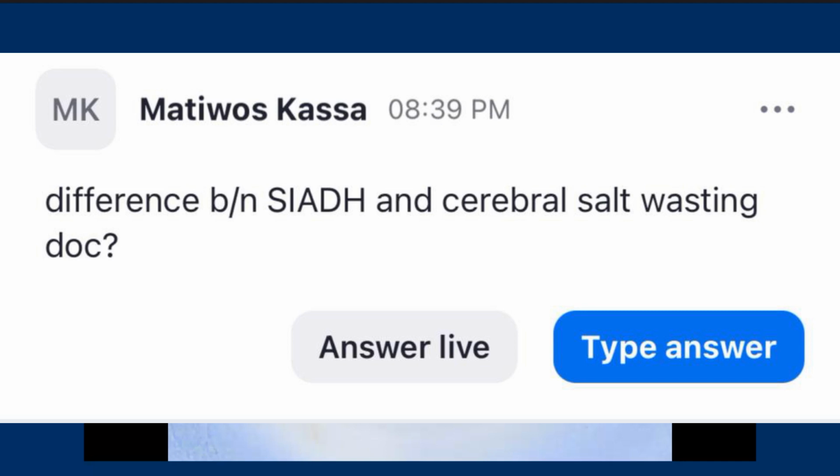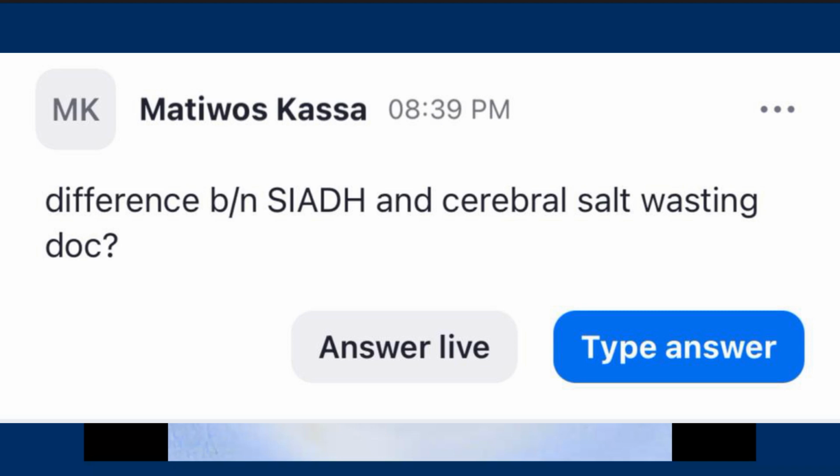So the difference between SIADH and cerebral salt wasting syndrome. Patients with cerebral salt wasting syndrome are actually hypovolemic, compared to patients with SIADH, who are normovolemic. But in clinical evaluation, this may be difficult.